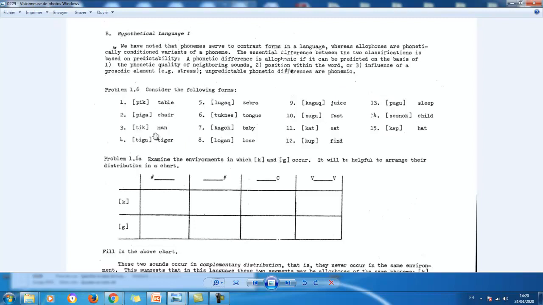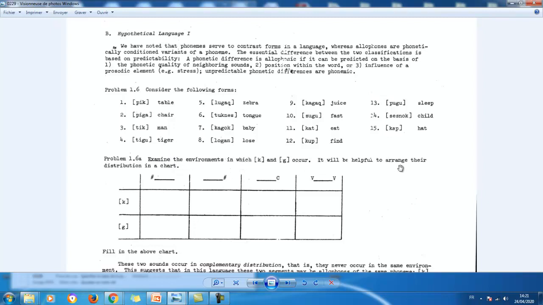Now, among these words that we have got from this hypothetical language, we have of course to examine the environments in which k and g occur. We are going to concentrate on just two sounds in this language, k and g. So we are asked to examine the environments in which k and g occur.